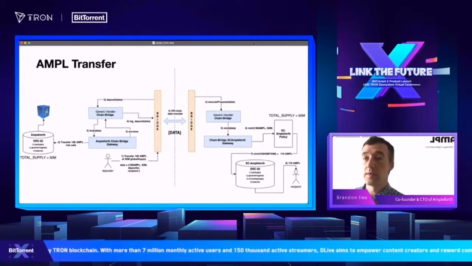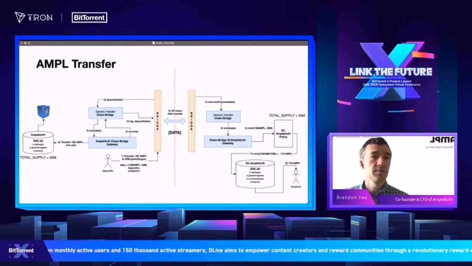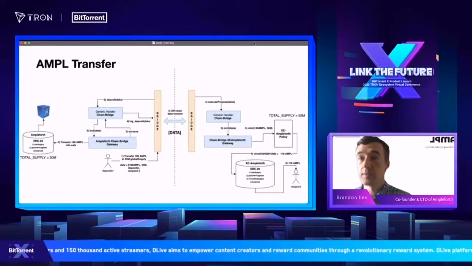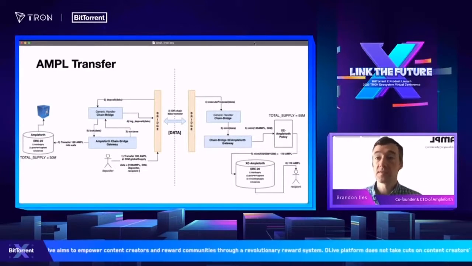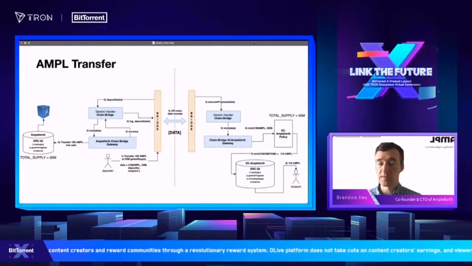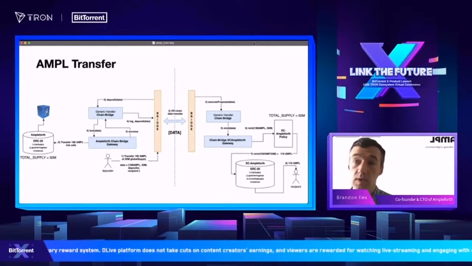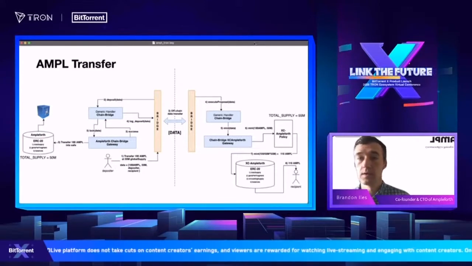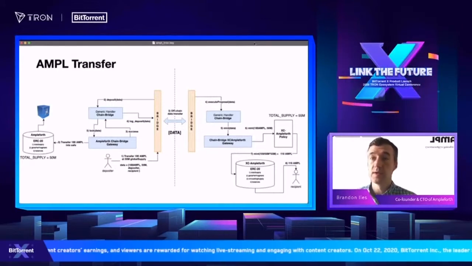We want to avoid people being able to exploit race conditions. For example, if someone were to get a rebase on one chain and then race their coins by doing a transfer to the other chain before the rebase message gets there, then they'll be able to get two rebases if it's positive, or they could potentially avoid a rebase completely if it's negative. So we need to avoid that case.